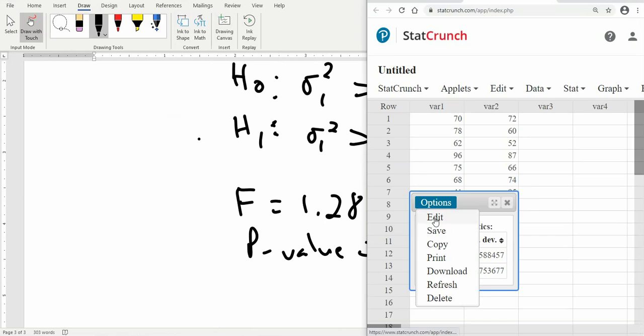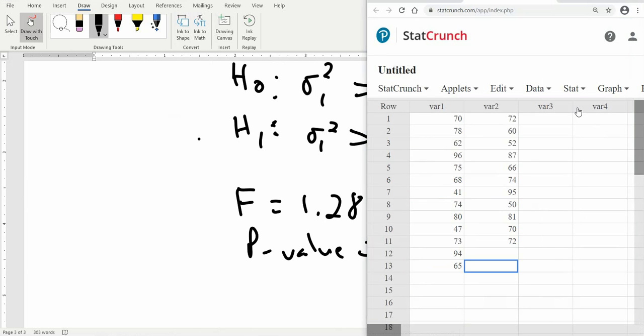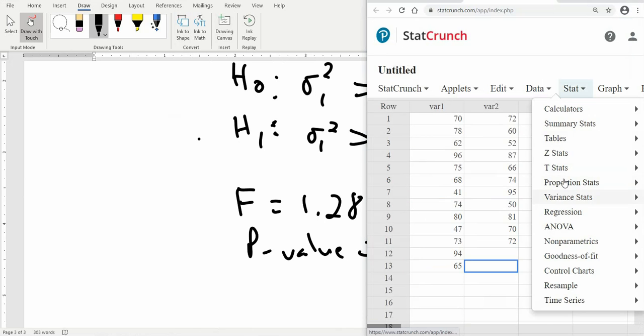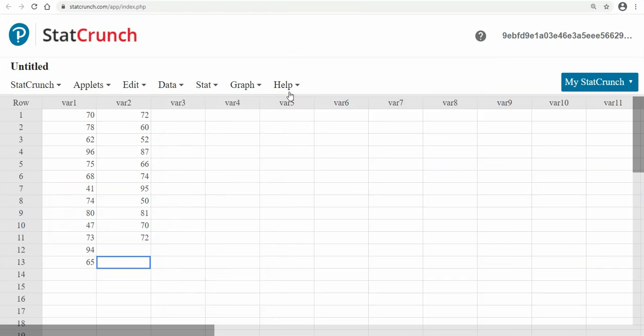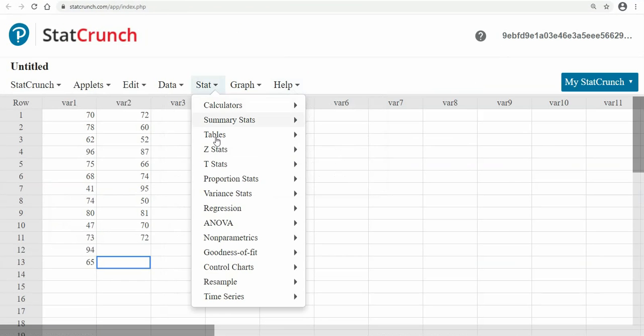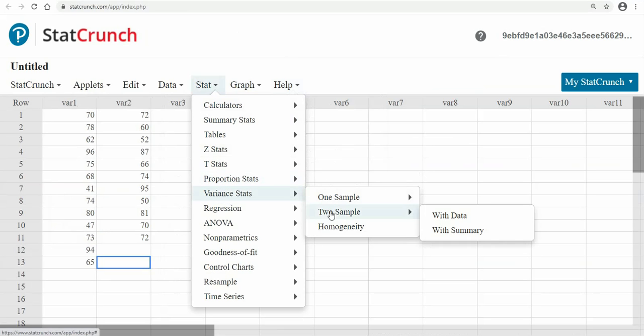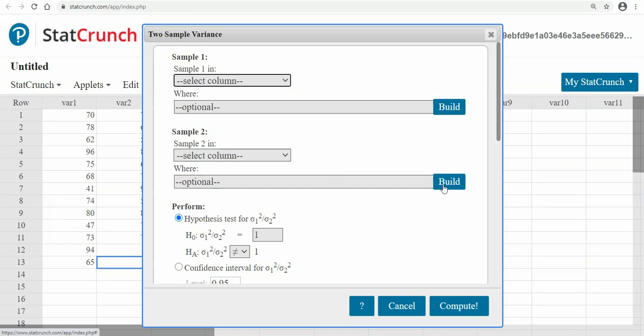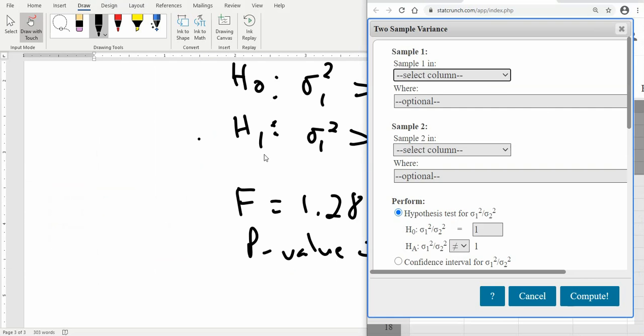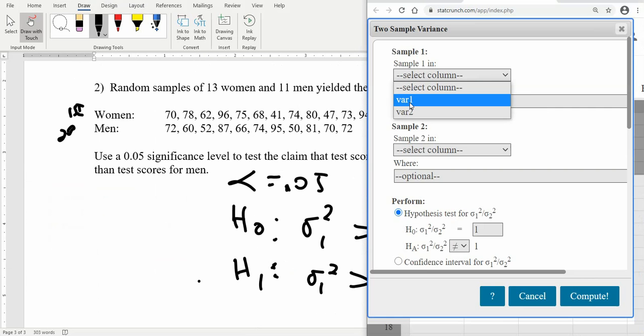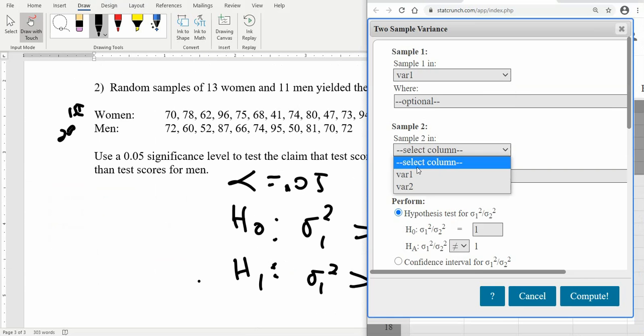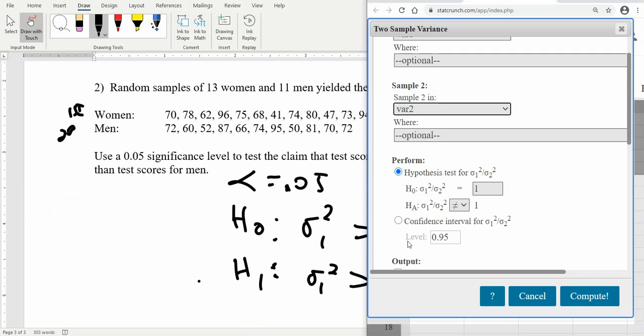I'm going to go to edit. Now I'm going to cancel. I'm going to delete because I want to keep that in there. Stat, variance stats, two sample, with data this time. It goes off the screen again. You can see that var1 is the first one, var2 is the second one. We're doing a greater than.